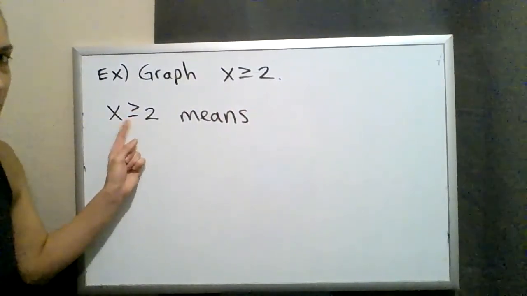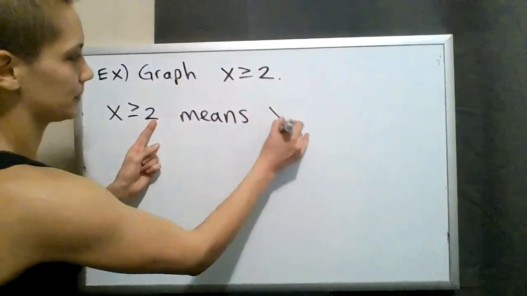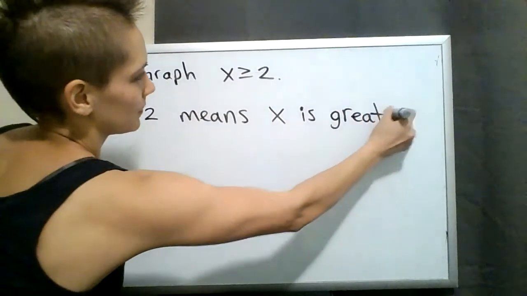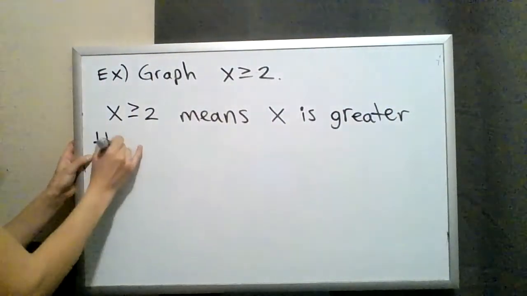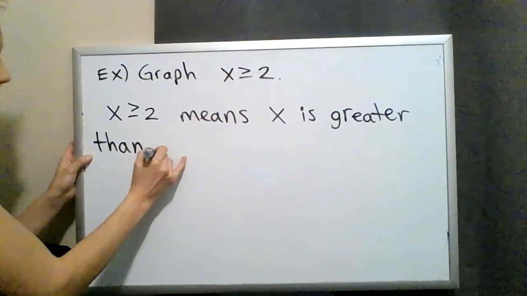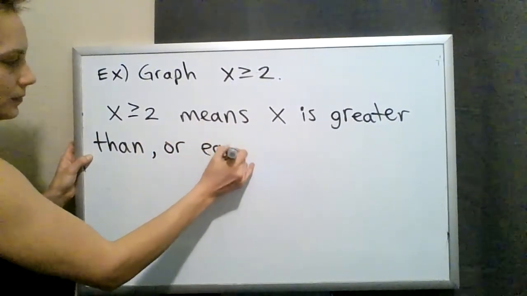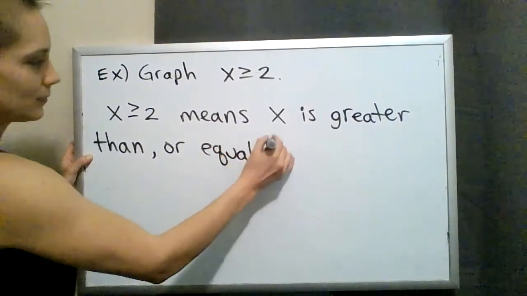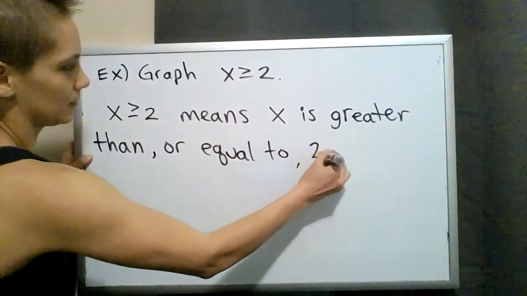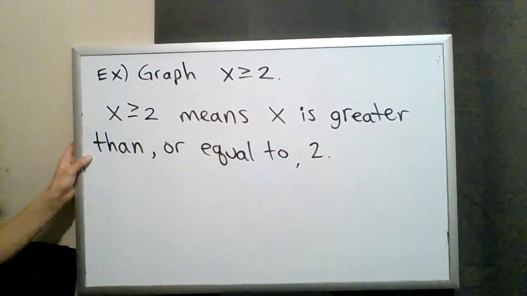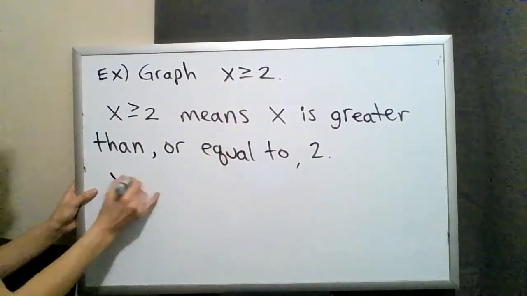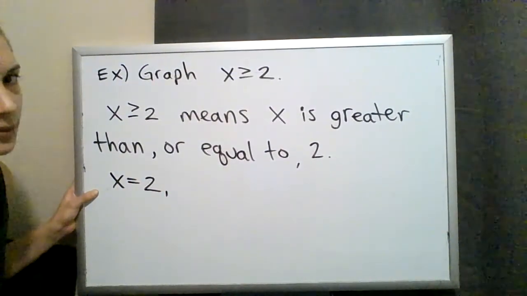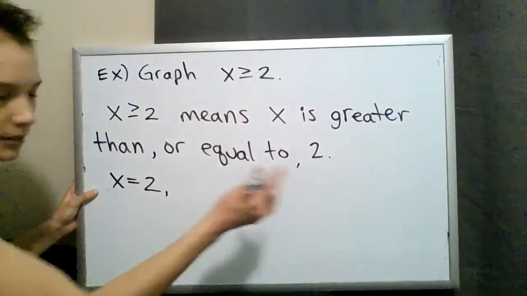So or equal to 2. Okay, so this time x can equal 2. X can be 3, 5, numbers greater than 2.